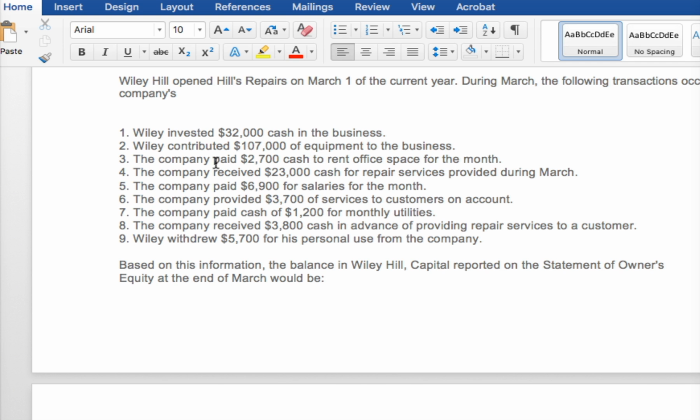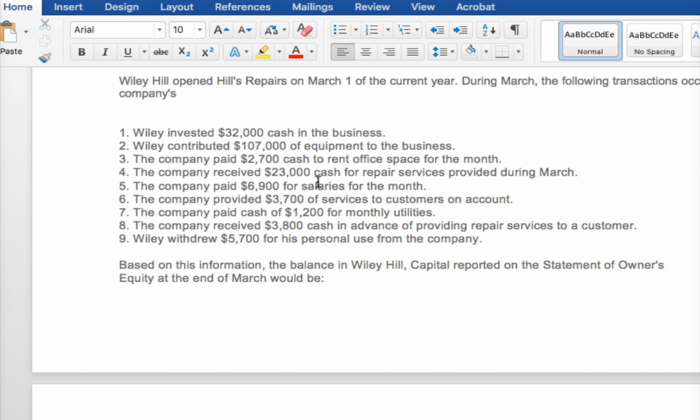Okay. Company paid $2,700 cash to rent office space for the month. Okay, so basically any of these within this category that are either a revenue or an expense will also affect the capital account. Okay, so we have paid cash here, that's an expense.